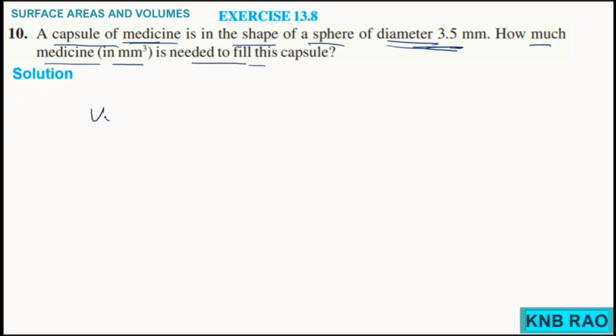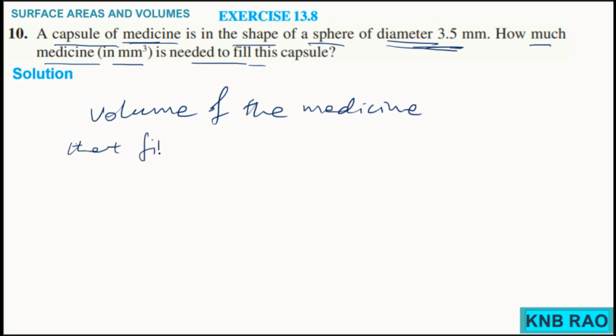So the volume of the medicine that fills the capsule is 4 by 3 pi r cube, where diameter is 3.5 mm.